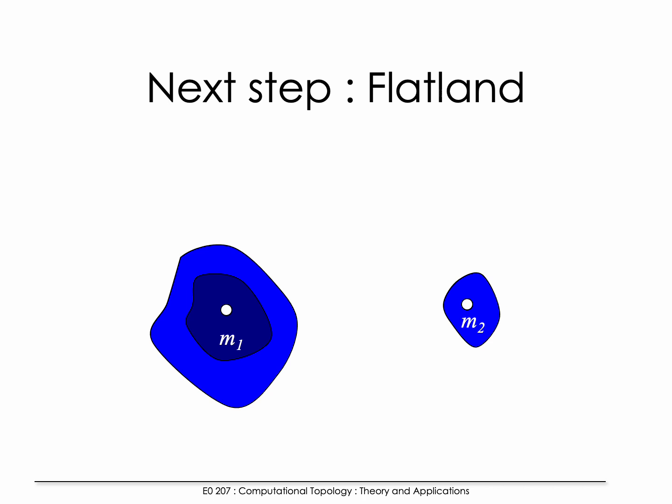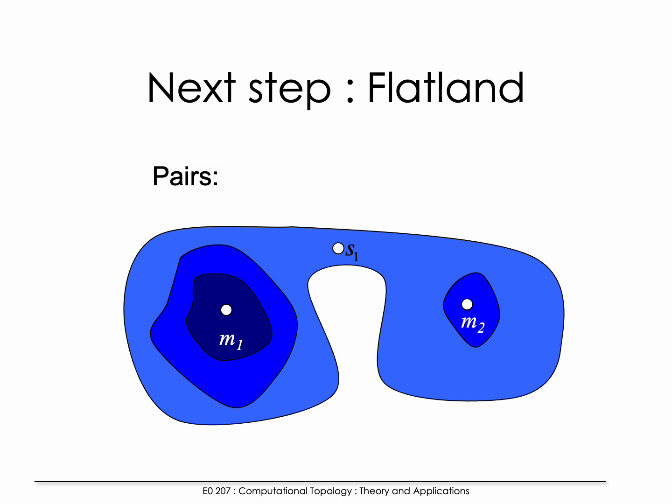That this is yet another birth event. Now as we keep sweeping up, we hit a saddle. Now something interesting happens at the saddle. The two components that were created at m1 and m2 merge. Now, as before, we don't talk about this as a merge event, rather we talk about this as a death event.